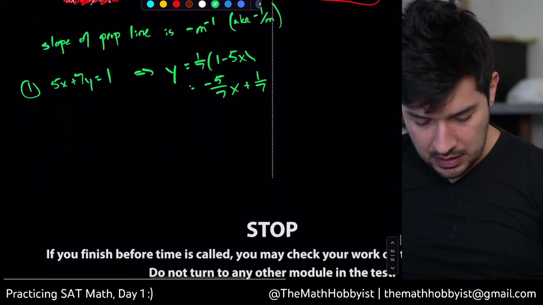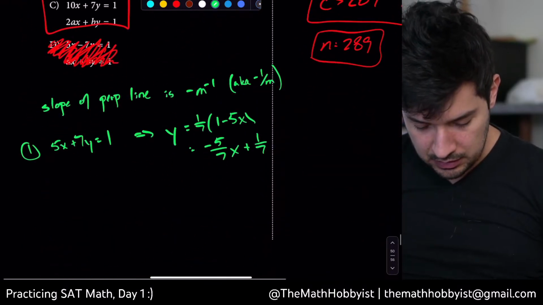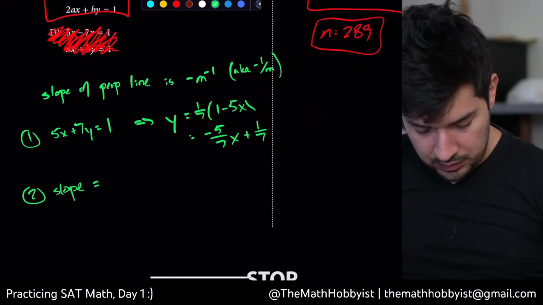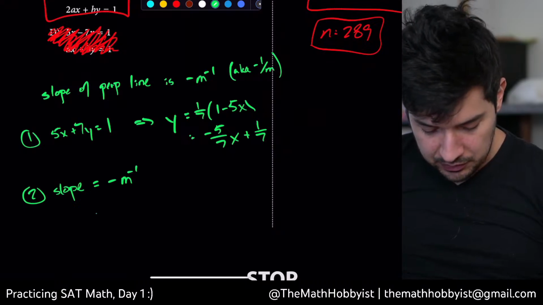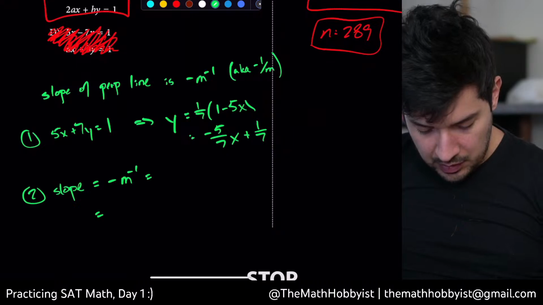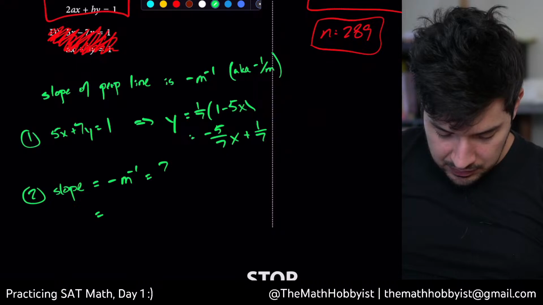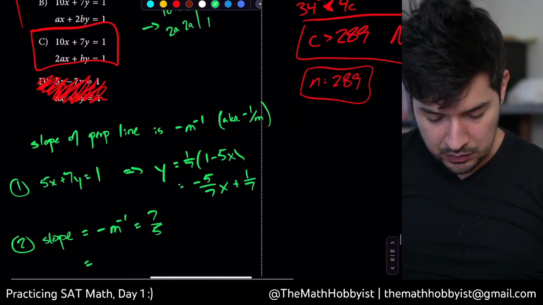So then the slope of the second line should be the negative reciprocal of the first. So the slope of the second line should be 7/5. Okay? I think that that's pretty dang useful.